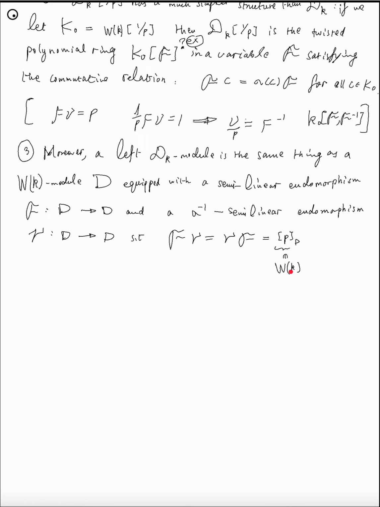Or in other words, you could just think of it as multiplication by p over W(k), but it involves the addition structure of the Witt ring.